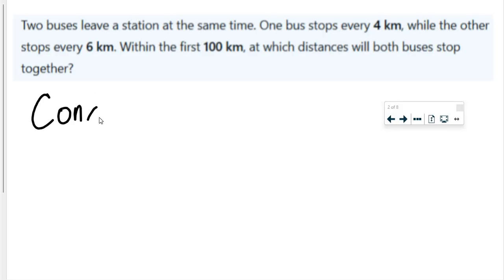Concept. Two buses leave a station at the same time. One bus stops every 4 kilometers, while the other stops every 6 kilometers.